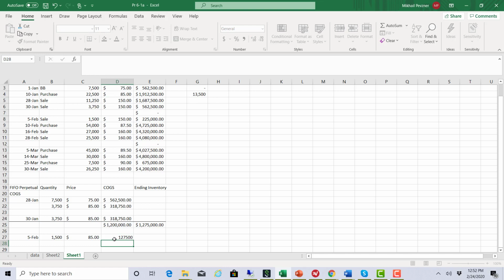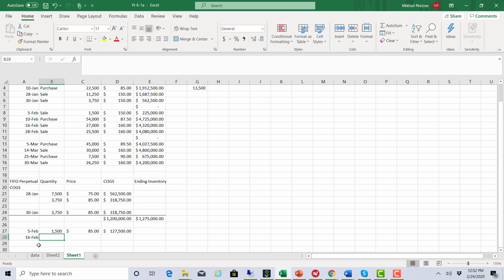Cost of goods sold from this is 127,500. Then we have another purchase of 54,000 at 87.50, but first in, first out, we have to exhaust the earlier layer. We still have 13,500 units, and we're selling 27,000 on February 16.